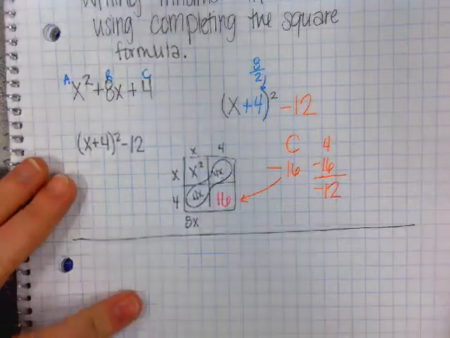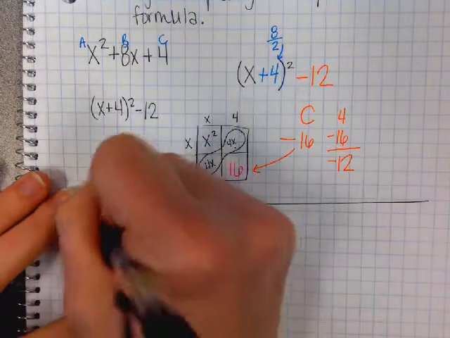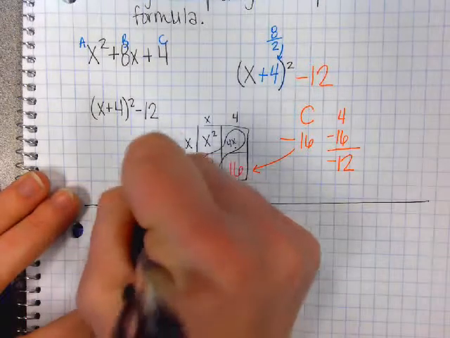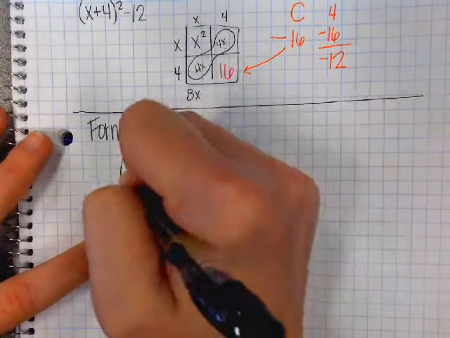So that was the first example we did. But I'm going to go ahead and write the formula out. So here's our formula. I just wanted to show you where it all came from.